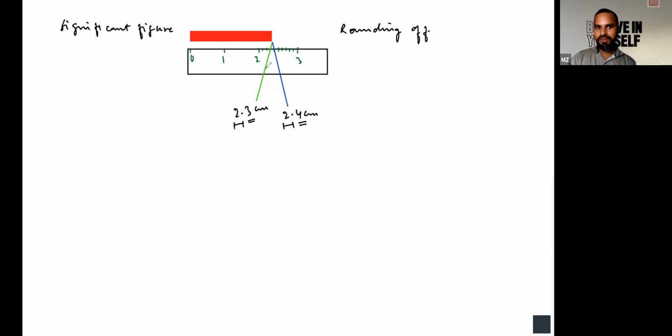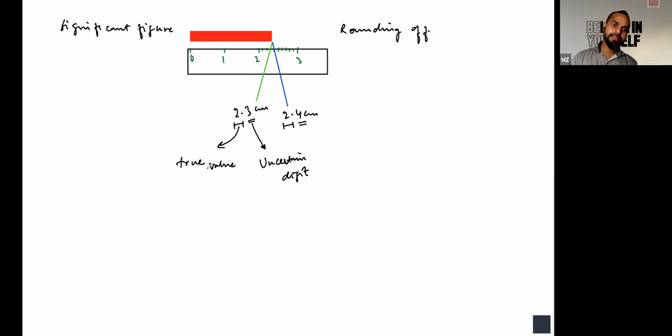Depending upon the observation, this last digit would vary from observer to observer. So we can say the first digit in this observation is called true value, and the last digit, which may vary depending upon the observer, is called uncertain digit.